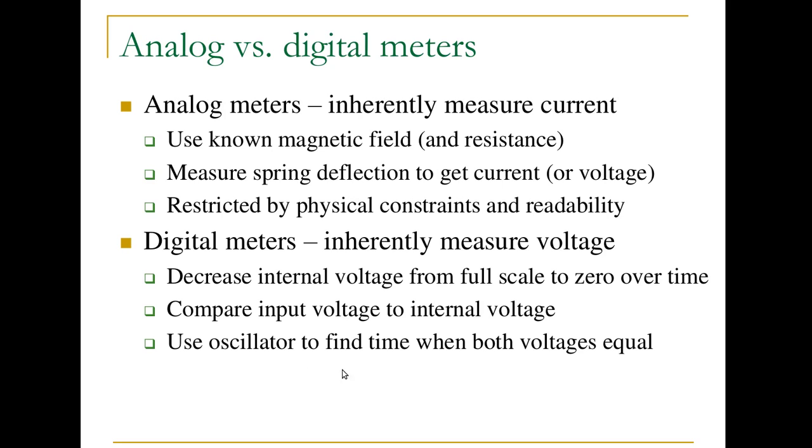The voltmeter is regularly comparing the voltage source value to the measured voltage, and when they're equal, the time that it took to reach that point gives the voltage, because the voltage source was changing at a known rate. The point really being that analog meters inherently measure current, and digital meters inherently measure voltage. So again, you could use a digital meter to measure current if you have a known resistance, etc.